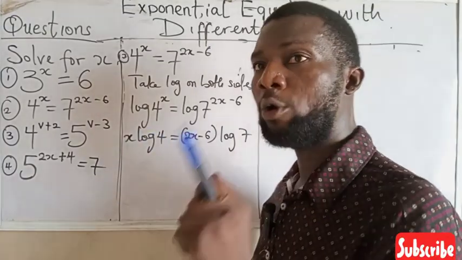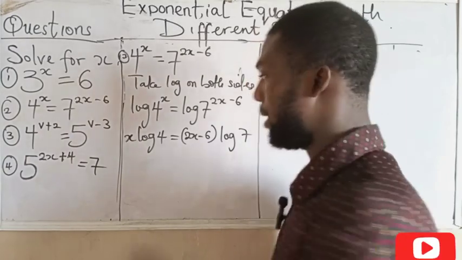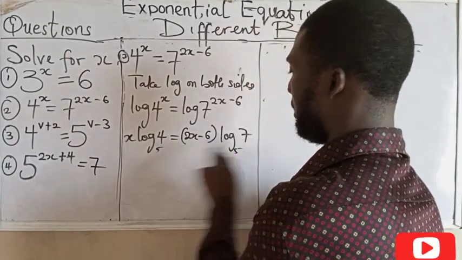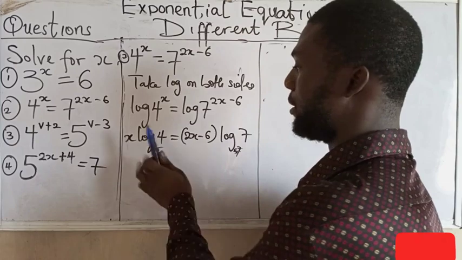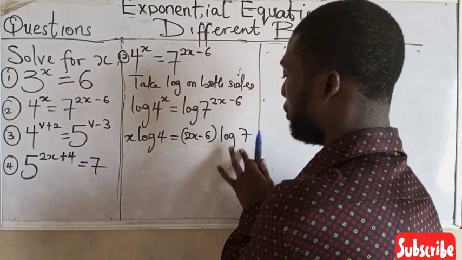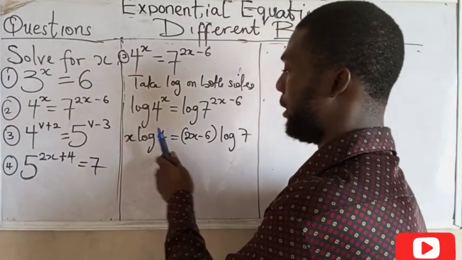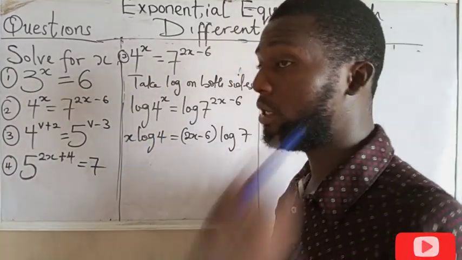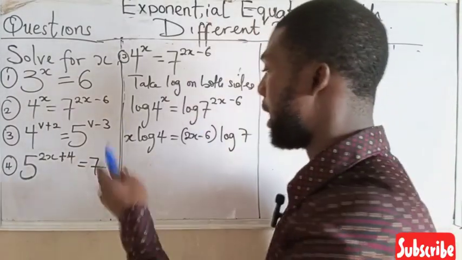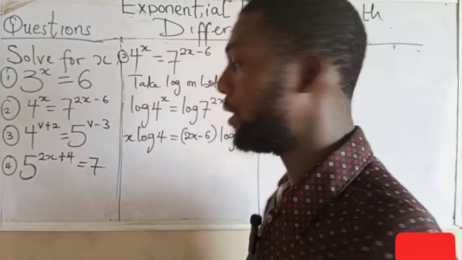Unless you have to write in any other base, like base 5, like base 7. So in this case, I must write that number. But so far it is log 10, so far it is in base 10, then there is no need for me to write 10. I may write it and I may leave it. So in case you see questions like this in exam and you did not see any figure here, you should know at the back of your mind that you are dealing with base 10.